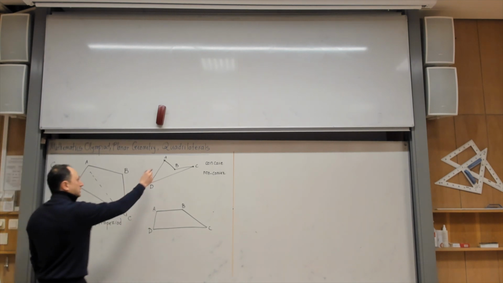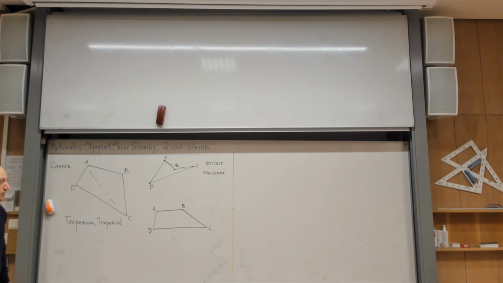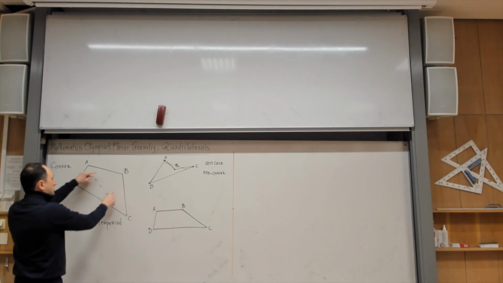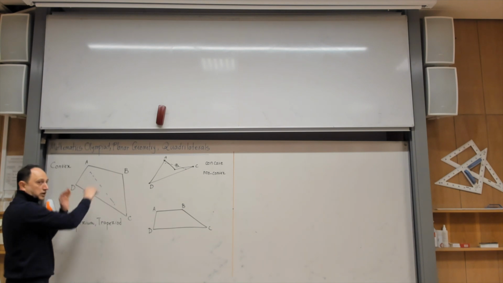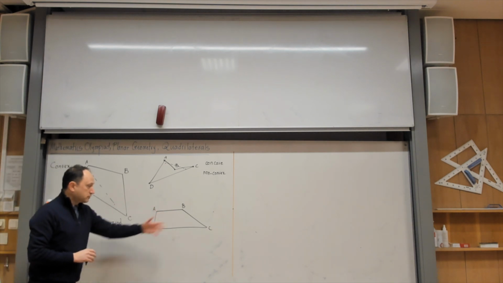For example, in this case, if I choose this point and that point, and if I connect them, some part of that is outside. Yes. So that's why we call it concave. But it doesn't matter which pair of points I choose, and when I connect them, all the line segment generated in that way will lie inside the quadrilateral. So that's why we call it convex, that one concave. So that's also a convex quadrilateral.